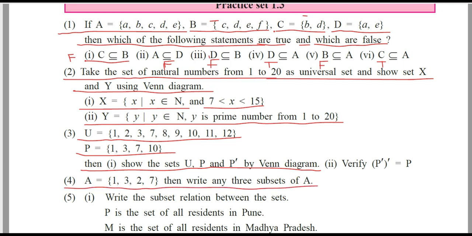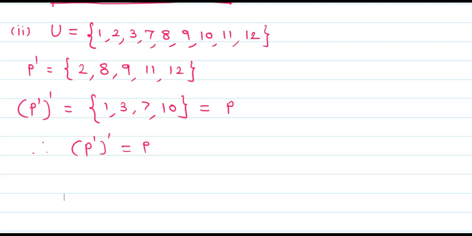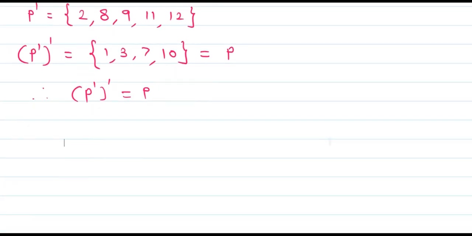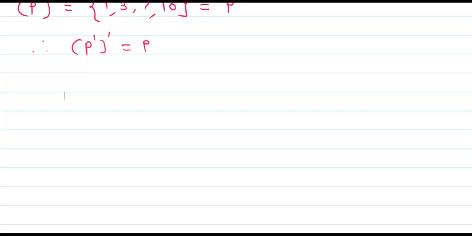A is equals to 1, 3, 2, 7. Write 3 subsets of A. Write the 3 subsets of A. A is equals to 1, 3, 2, 7.